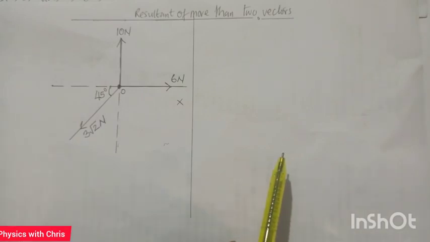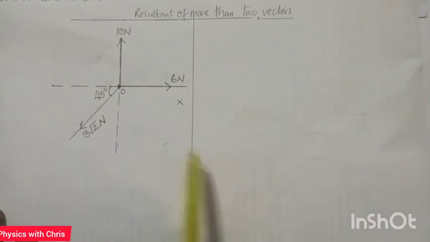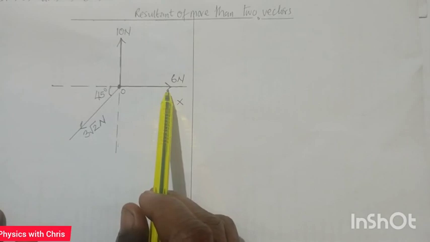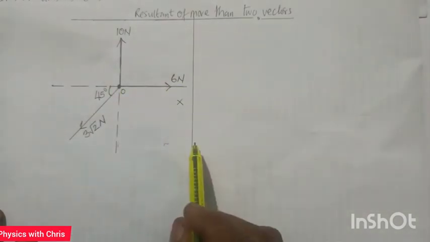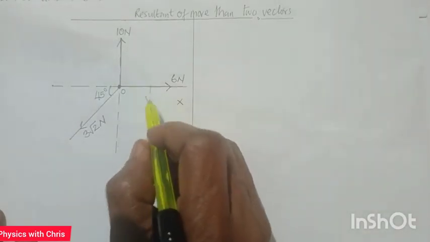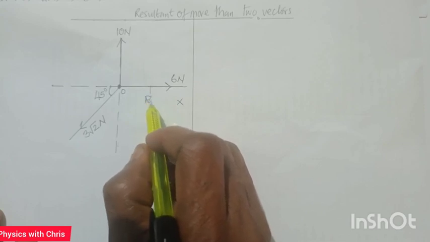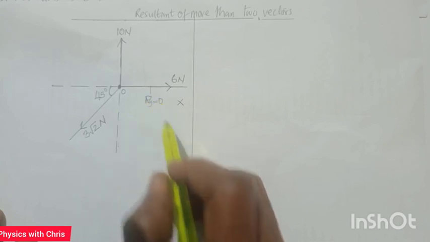So I can use two methods. The first method I like to use here is to resolve the three forces into their two perpendicular components. Now, what you need to notice is that if a force, for instance, in this case, is acting directly along this horizontal axis, it has no vertical component. Its vertical component, let me call that Vy or Fy, is equal to 0.